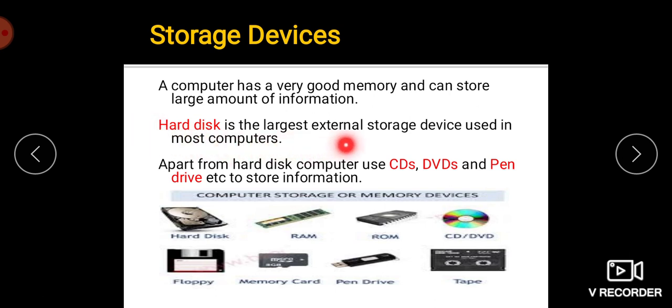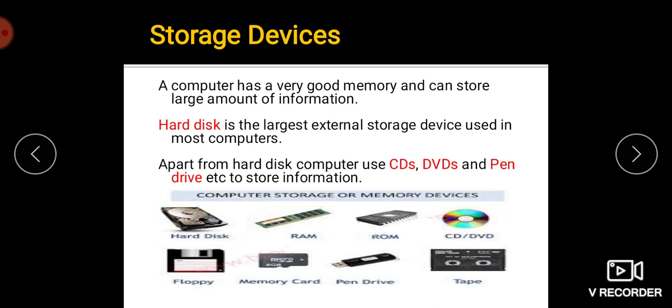Hard disk is the largest external storage device used in most computers. Hard disk is an external storage device which is the permanent part of the computer, and it's used to store large amount of data permanently. So if we want to store data permanently, we need a storage device which is hard disk.